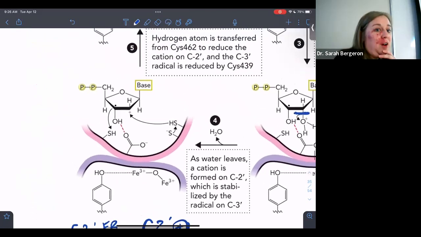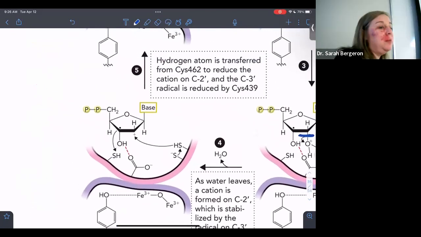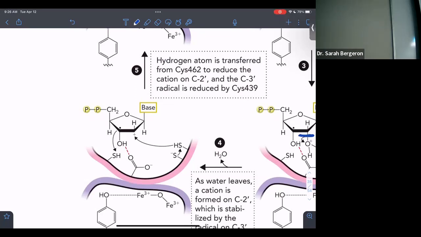Okay, so now the hydrogen atom is going to be transferred from that second sulfur that's going to eventually participate in the disulfide bond to the C2 carbon. Now, what does that give the C2 carbon? A complete octet, but now it doesn't have hydroxyl on it. No, because it's just picking up a hydrogen.